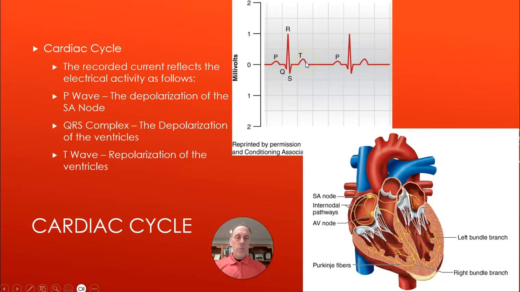When they repolarize and relax, that's when you see the T wave. So one whole heartbeat is a PQRST. The SA node depolarizes. The QRS is shown when the ventricles depolarize and contract and squish blood out. And when they relax, that's the T. PQRST, PQRST, over and over and over.